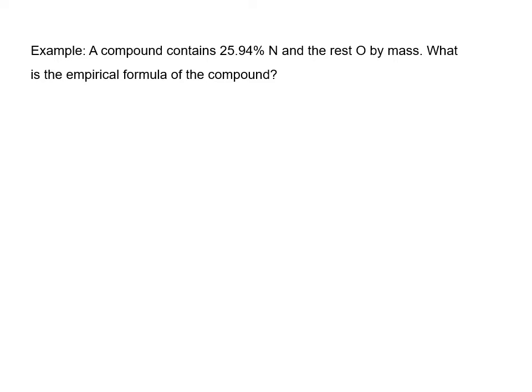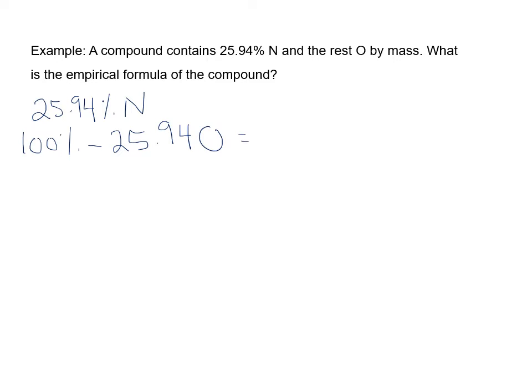So if we know that the nitrogen is 25.94%, then we know the oxygen is 100% minus the 25.94%, because the two together add up to 100%. That means we have 74.06% oxygen by mass.